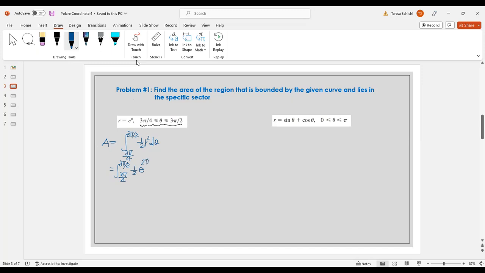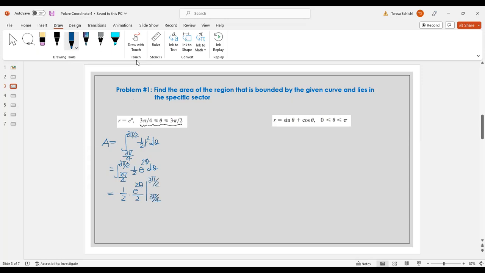Then you can just apply regular integration. The integral of 1/2 e to the 2 theta is 1/2 times 1/2 e to the 2 theta, with upper bound 3 pi over 2 and lower bound 3 pi over 4.